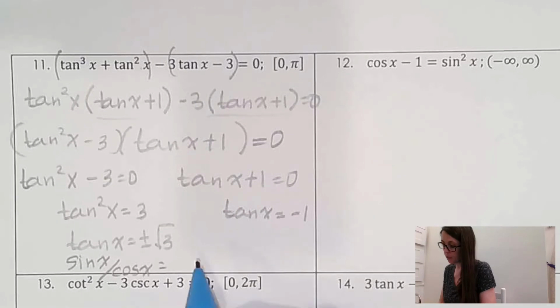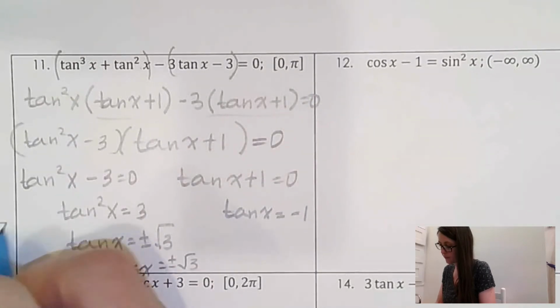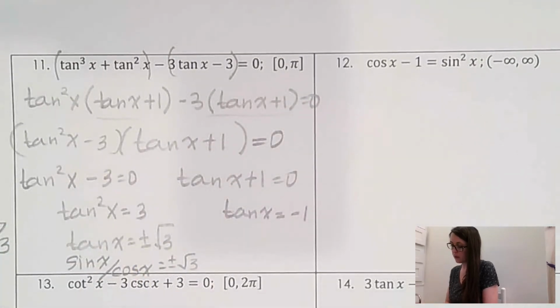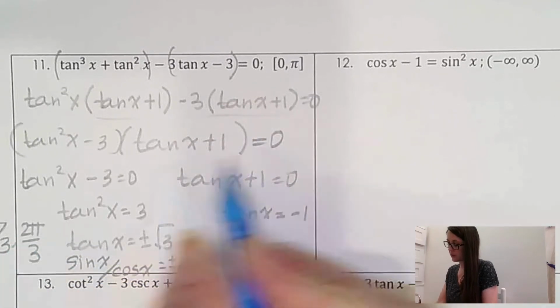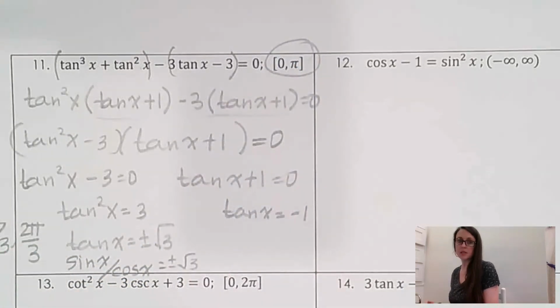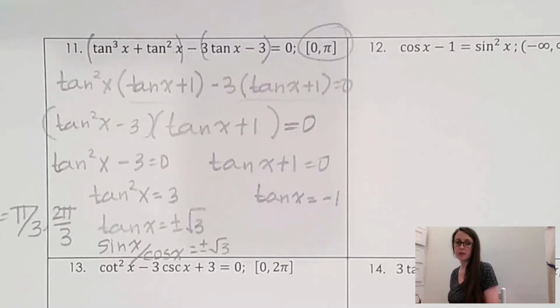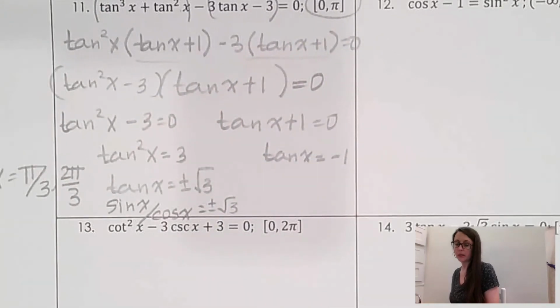Pi over 3. And then again at where? 2 pi over 3? Because it's in the interval between 0 and pi. So it's going to be pi over 3 and 2 pi over 3.